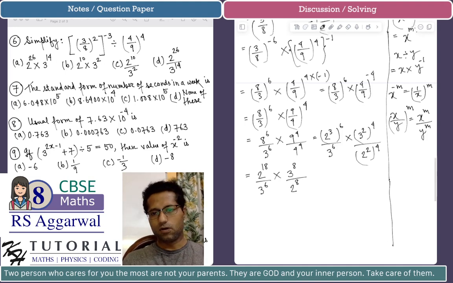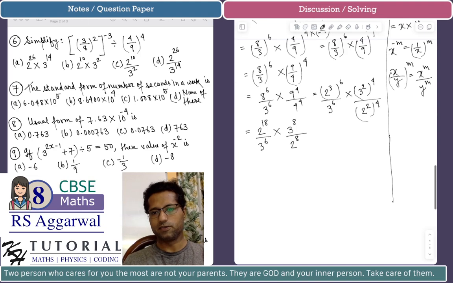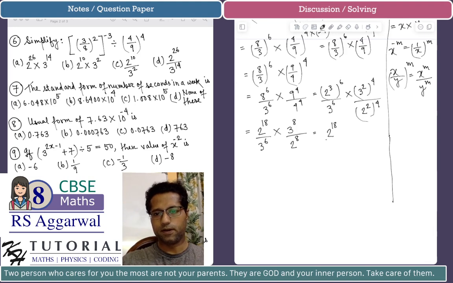So I can see now all the exponential terms have common bases 3 and 2. So I will merge the common bases, that is I will have 2 to the power 18 divided by 2 to the power 8 multiplied by 3 to the power 8 divided by 3 to the power 6.